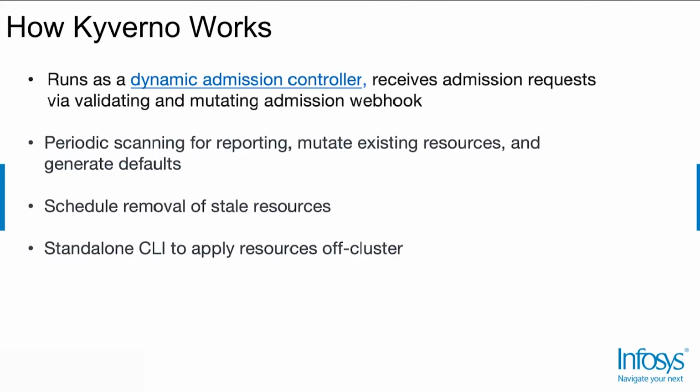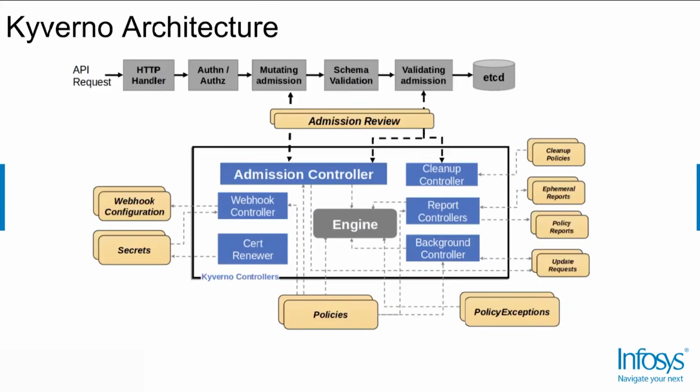So let's look at the Kyverno architecture, right? On the top, it's the standard admission flow of how an admission controller works in a Kubernetes cluster. And underneath that, you have this little black box containing all the blue small boxes. Those are all the Kyverno components. As you can see, we have the admission controller, the cleanup controller, report controller, and background controller. Those 4 controllers make up the Kyverno deployment.